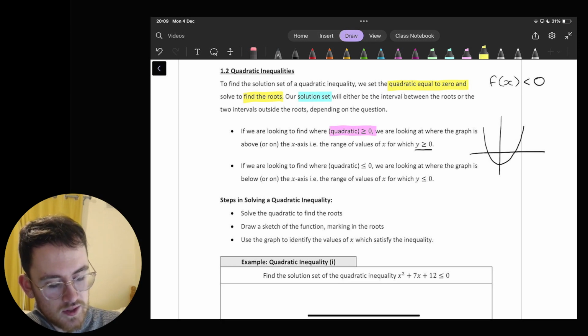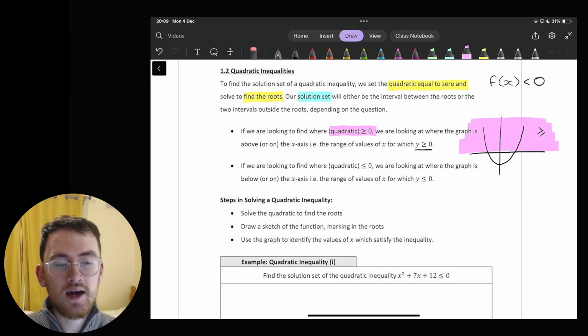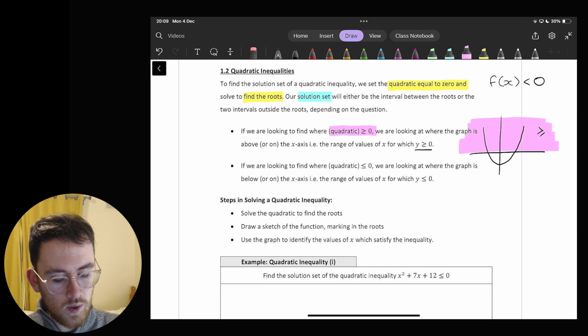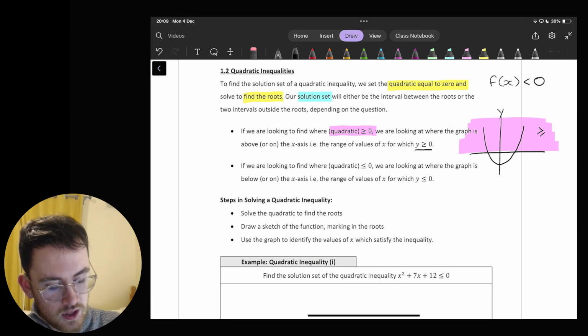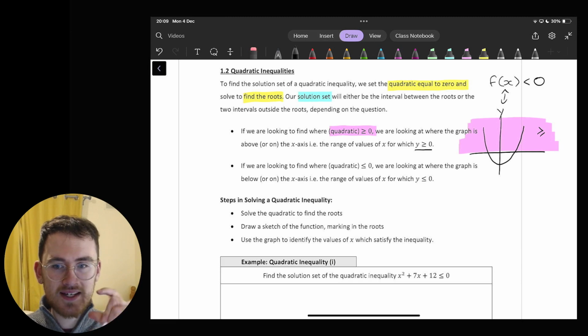If I want to know where that quadratic is greater than or equal to 0, I'm going to be looking at where the graph is in this positive section here, above the x-axis. When I talk about it being positive, I'm considering the y values there. Where are the y values positive? Because remember, if I think of my quadratic as being a function like f of x, f of x and y are interchangeable. And we know that from our Junior Cert, from our work on functions.